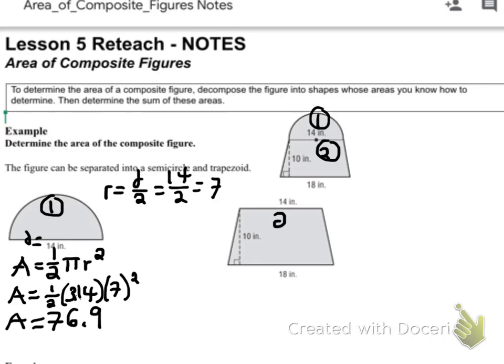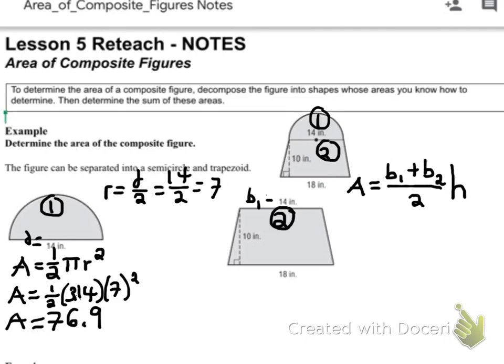Then we will look at our trapezoid, number 2. And the formula for a trapezoid is area equals B1 plus B2 over 2 all times H. So let's identify our variables.